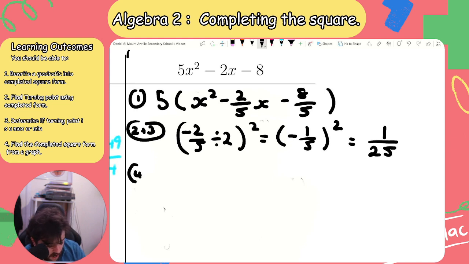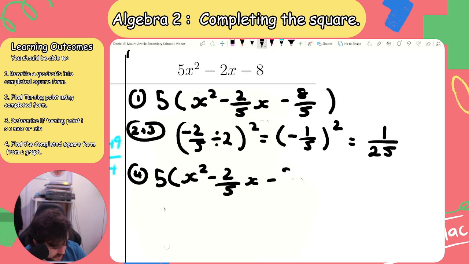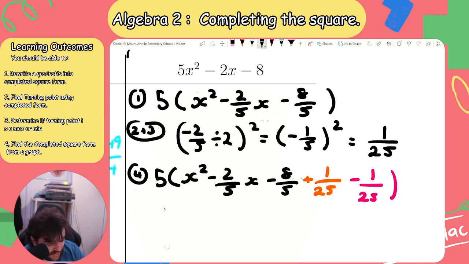Step 4, add and subtract that to my expression in the bracket. So I'm going to have 5 times x squared minus 2 over 5 x minus 8 over 5 plus 1 over 25 minus 1 over 25. Next step, isolate the perfect square.